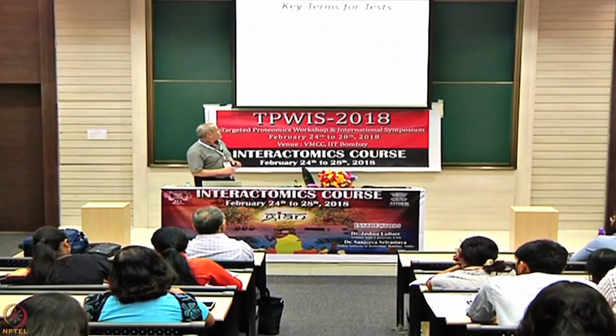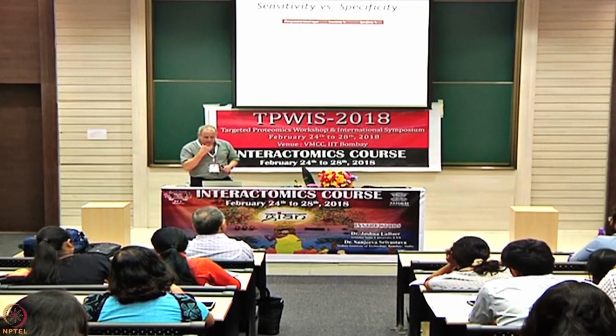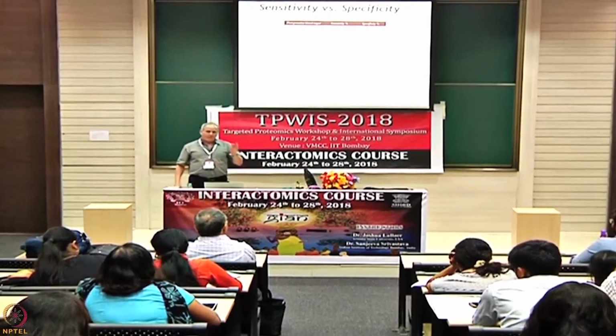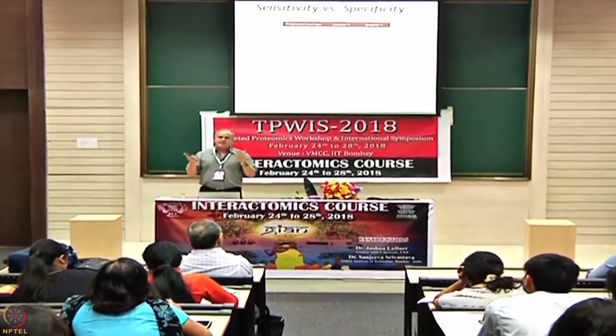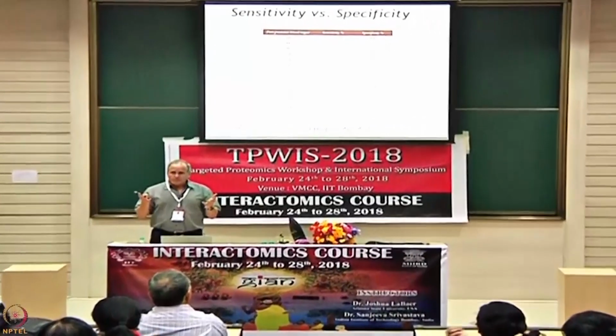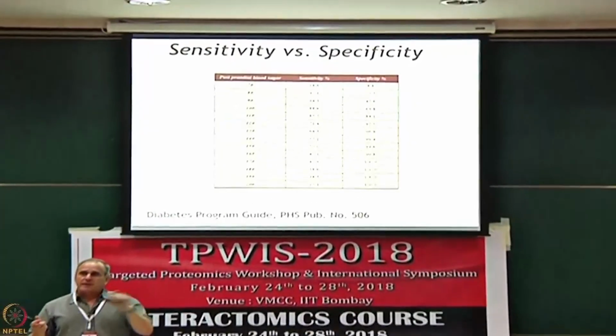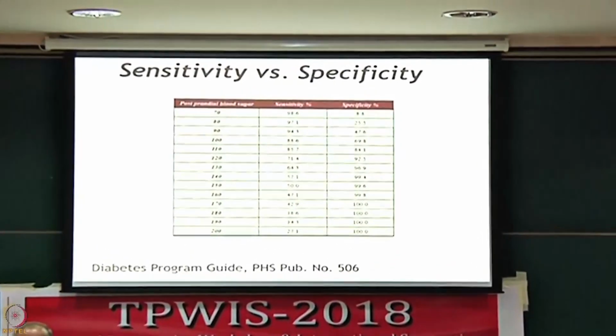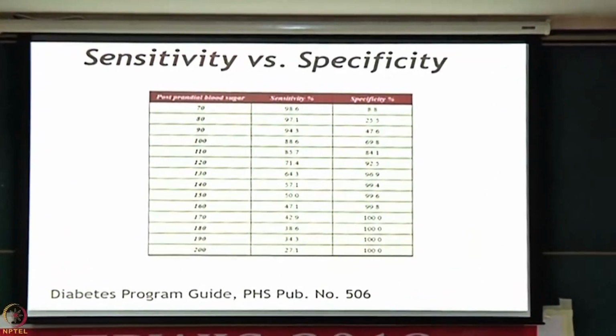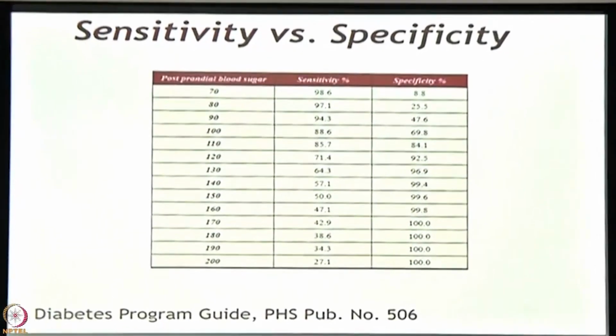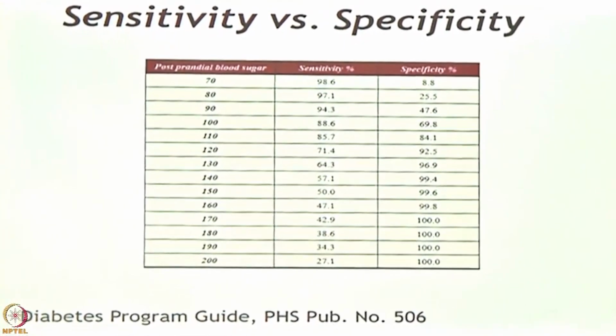Okay, so now I'm going to show you that, it turns out, sensitivity and specificity in many cases work against each other. Because typically what happens is you have a test for a particular molecule or a typical biomarker, you set a threshold value and you say if it's above this value, I'm going to say it's positive.